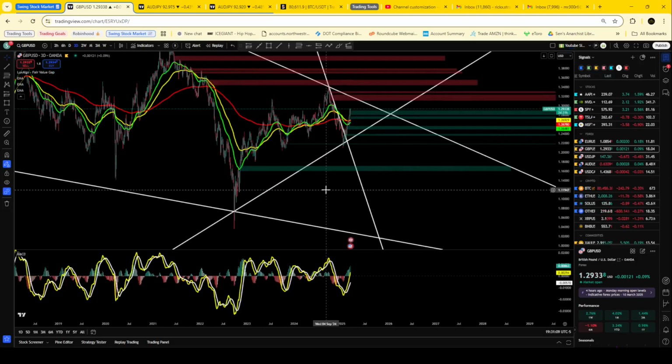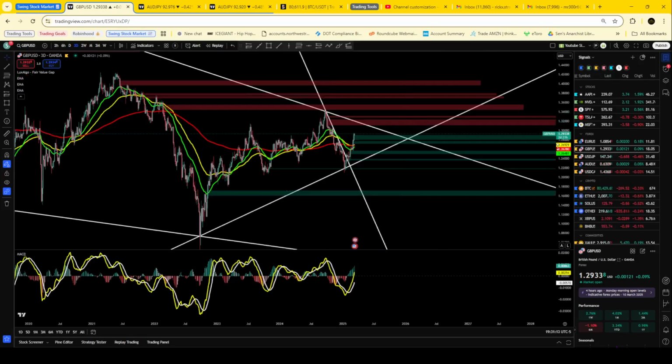Same thing. A lot of these pairs follow one another. A lot of crypto follow one another, and a few stocks follow crypto. In other words, Bitcoin, because Bitcoin is crypto. Almost all crypto follows Bitcoin.